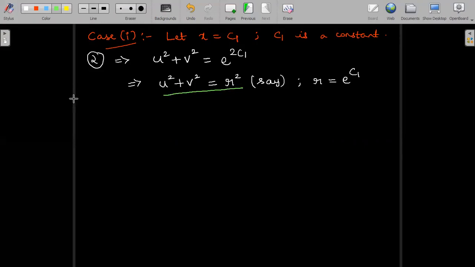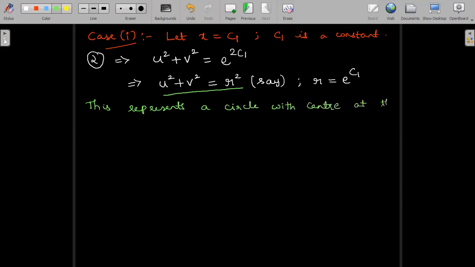So we conclude: this represents a circle with center at the origin and radius equal to r in the w plane, because u and v are the variables involved here.